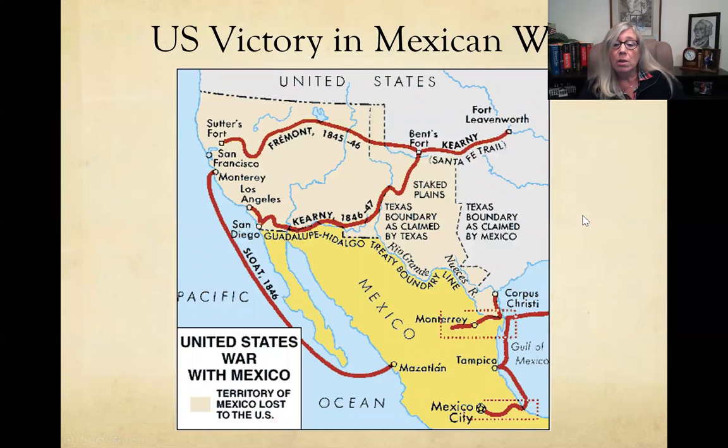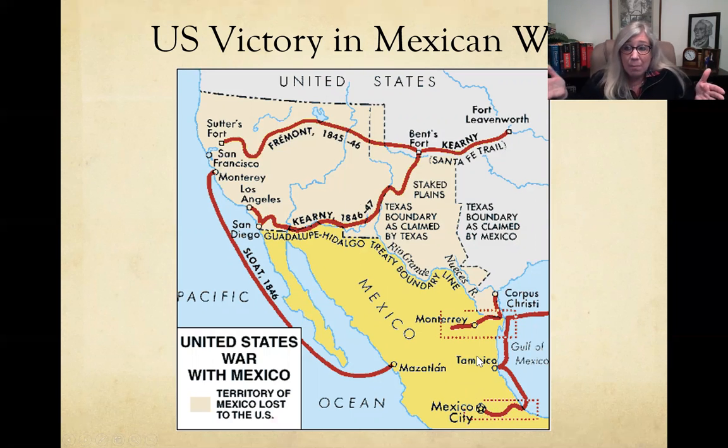All right, so the war with Mexico is going to last for a year or two. Immediately we've got John C. Fremont, who comes into California here and gets control very quickly of this whole area. The United States quickly gets control of this border area with Texas, and also comes in along the Gulf of Mexico and takes control of Mexico City.